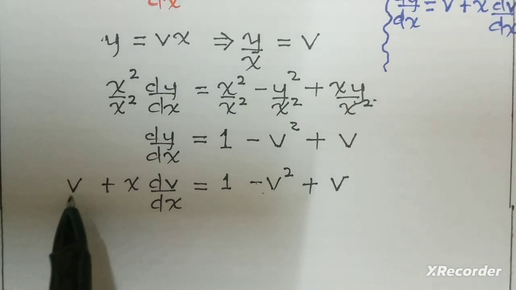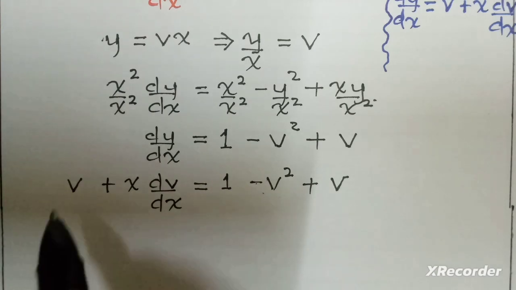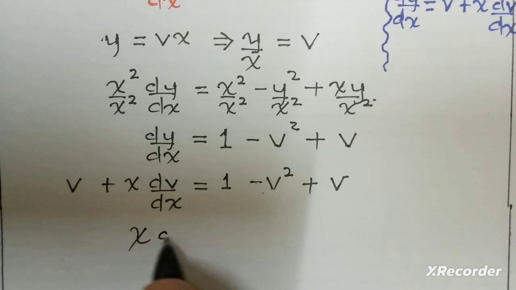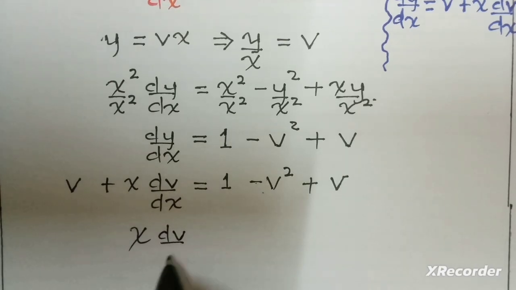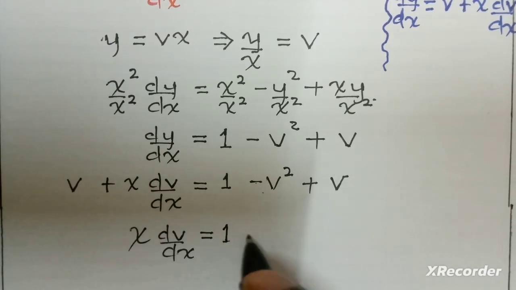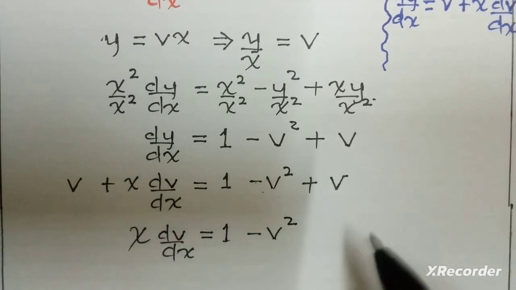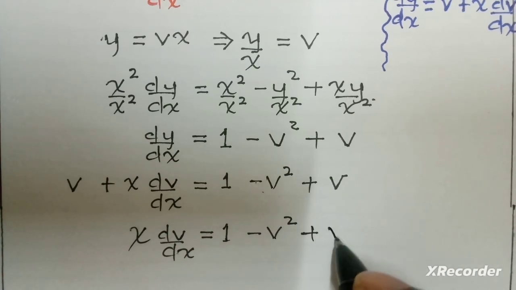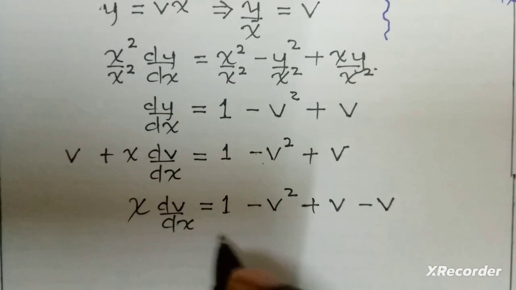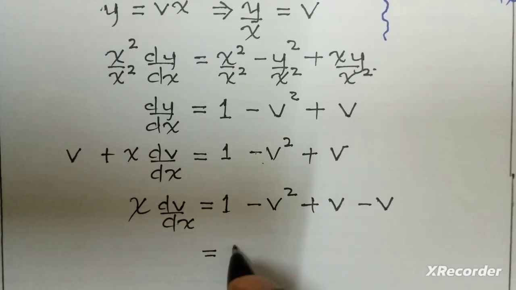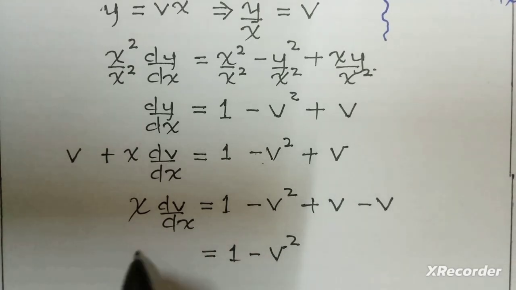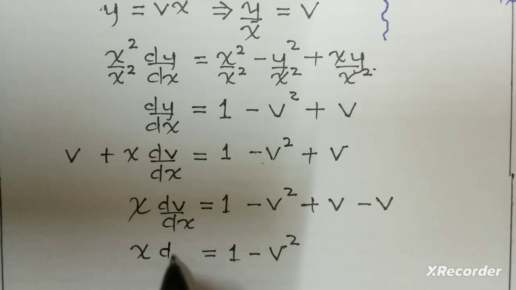We can move this v this side, so that now I can write x dv over dx. This one will now be equal to 1 minus v squared plus v. So if I move this v this side, it will be minus v, like that. So now guys, we shall have 1 minus v squared on one side, and this side we have x dv dx.